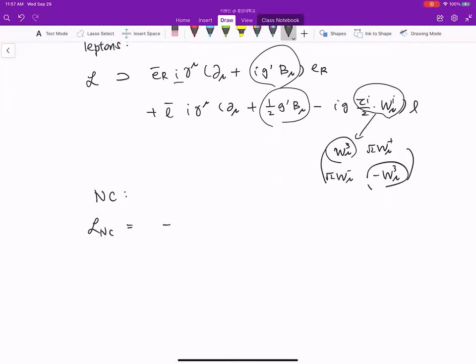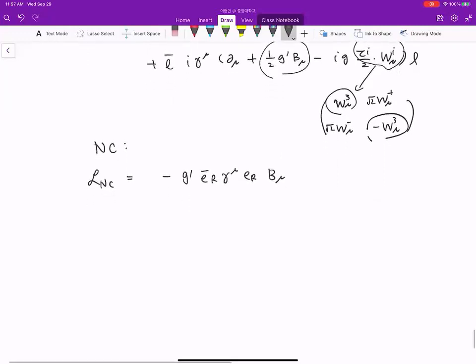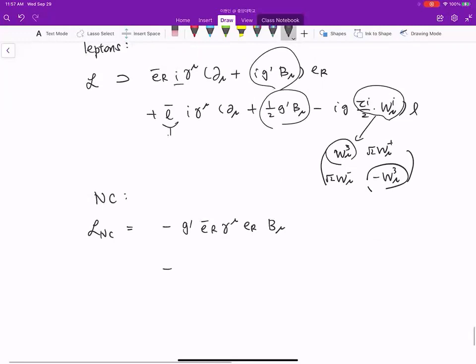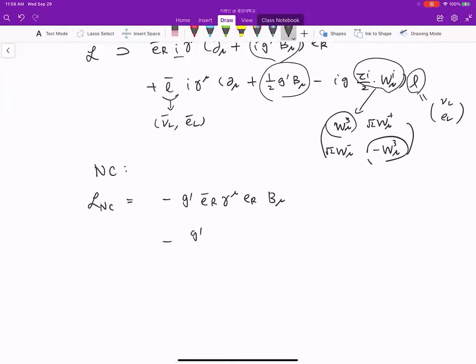The interaction is to expand the second term to get the first term and the second term, just replacing this by the lepton doublet, and just expand that. Then the hypercharge couples to neutrino and electron in the same way.